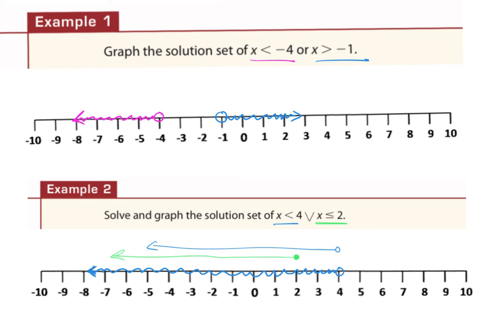Whichever one includes the most numbers is going to be your answer when they cross over for an or. Whereas for an and, you're actually looking for the one that has usually the least because it's where they cross, okay? Because this would fit both of those scenarios, all right? This would fit both of those scenarios. And so when it's an or, you're graphing both of them, and if they cross over, it just keeps going. You don't have to worry about only where they cross.